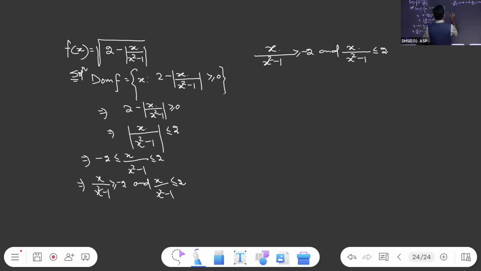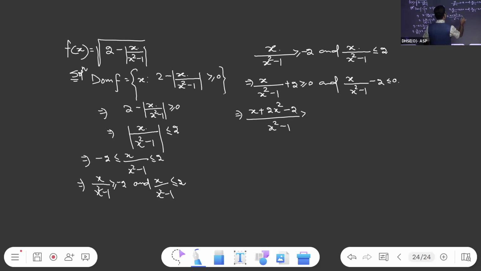Already I've done a question like this. So x upon x square minus 1 plus 2 is greater or equal to 0, and x upon x square minus 1 minus 2 is less or equal to 0. Got it? So this implies x plus 2x square minus 2 upon x square minus 1 greater or equal to 0, and x minus 2x square plus 2 upon x square minus 1 less or equal to 0.